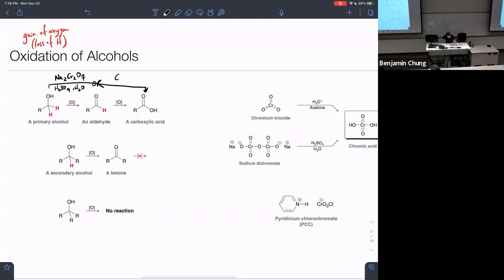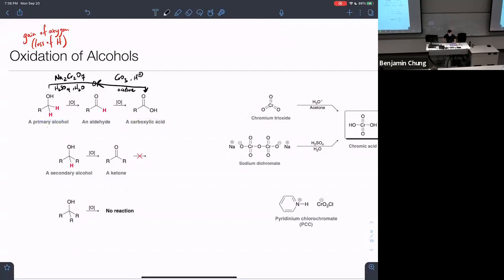Or you can do chromium trioxide in the presence of water and a solvent like acetone. Essentially, you end up with the same chromic acid that is the active agent to perform the oxidation from a primary alcohol to the carboxylic acid.